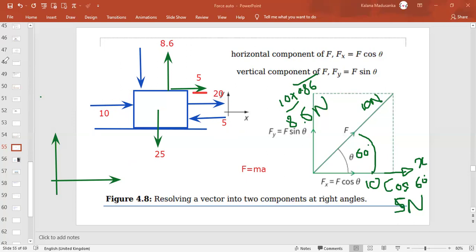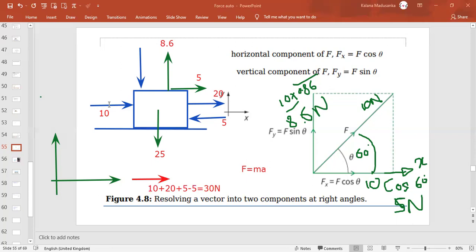So I can say for this side total of 10, 20 plus 5, and in the opposite direction minus 5. So I can write down 10 plus 20 plus 5 minus 5, because it is in this opposite direction, and the value is 30 newtons. And in the y direction, I will consider this side as the plus value.